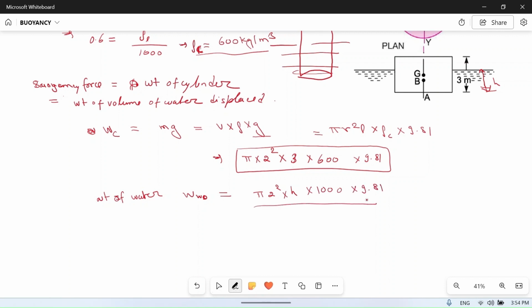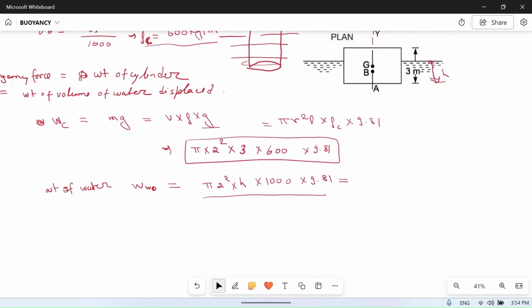So this is the weight of water and weight of cylinder. If these two are equal, then pi 2 square into 3 into 600 into 9.81 equals pi 2 square into h into 1000 into 9.81, because buoyancy force is equal to weight of cylinder. So 9.81 will be cancelled.